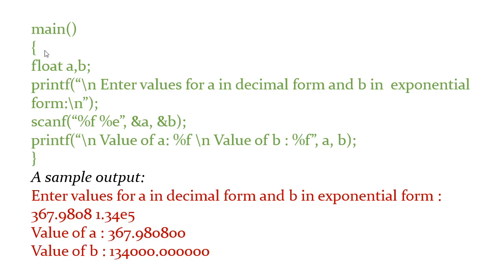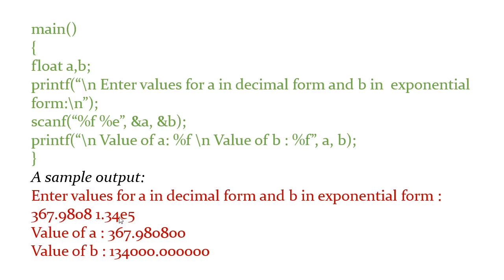Main, float a and b. Enter the values in decimal and exponential forms. So you have to specify %f for the decimal and %e for the exponential, and &a and &b. So the first a is considered a float and the second b is in exponential form.